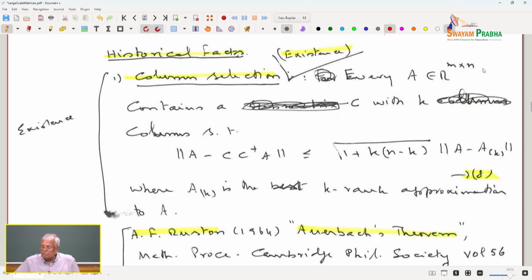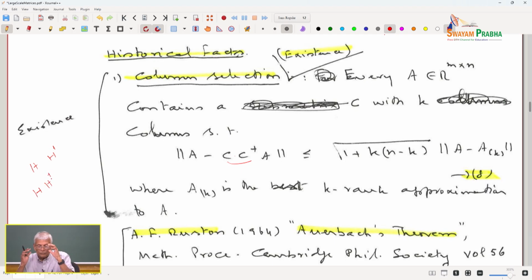For every A, m by n, there exists a C with k columns such that C times C plus, you remember C plus is the generalized inverse of C. We have talked about the generalized inverse H plus in the context of least squares. So, you already know H plus is a projection.